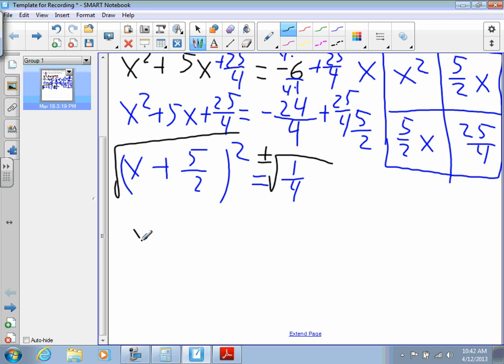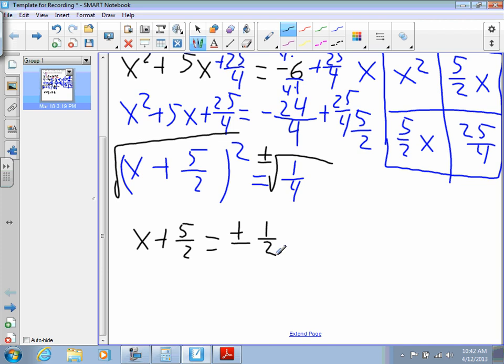Okay, so over here I now have x plus 5 over 2, and that equals plus or minus the square root of 1/4. We find the square root of the top, square root of the bottom of the fraction. Square root of 1 is 1, square root of 4 is 2, so I have plus or minus 1/2.